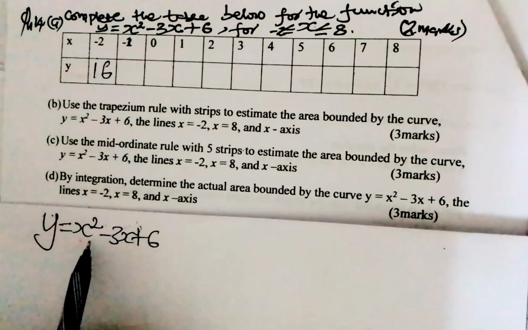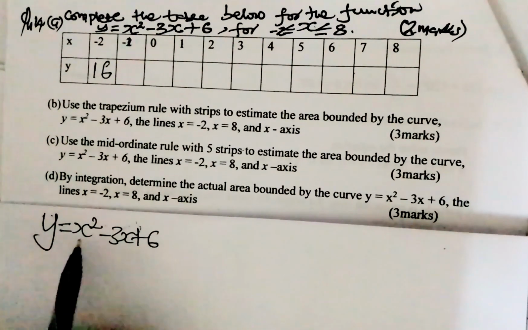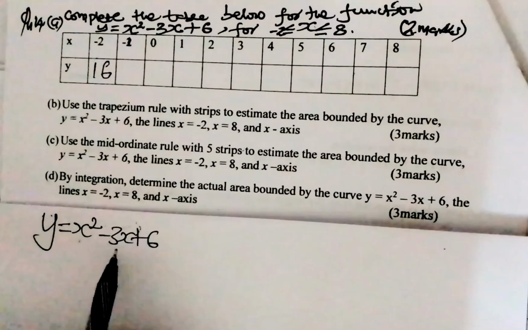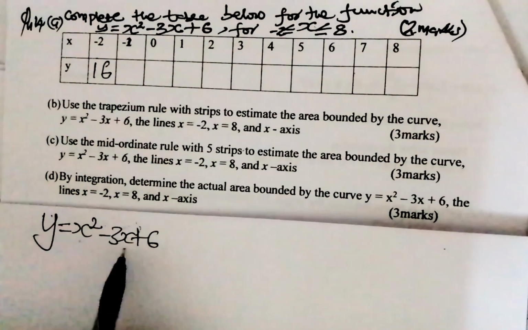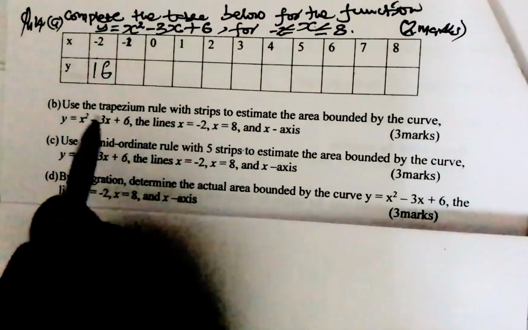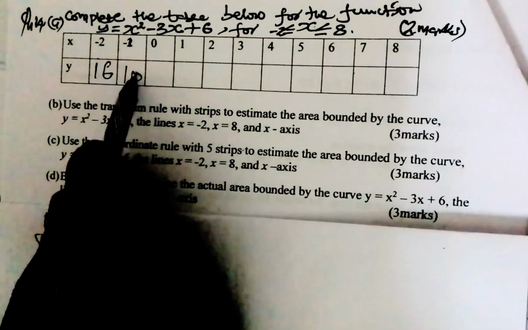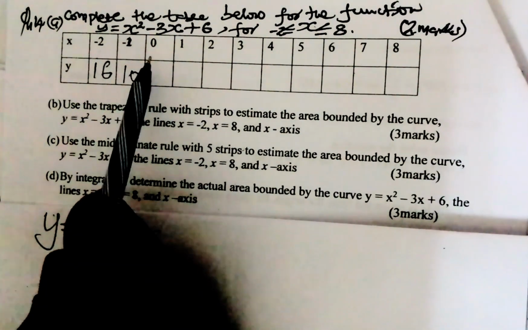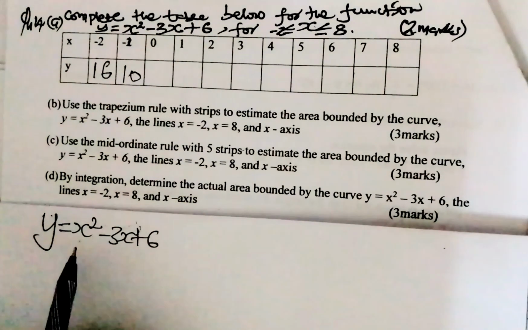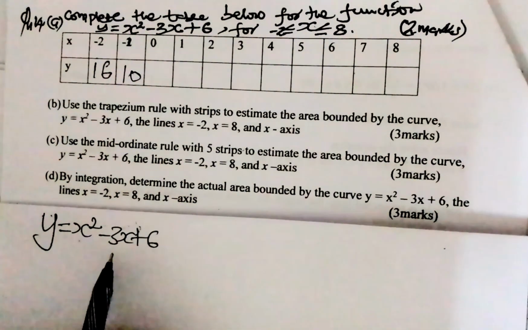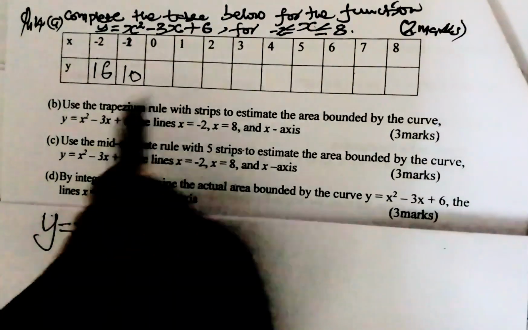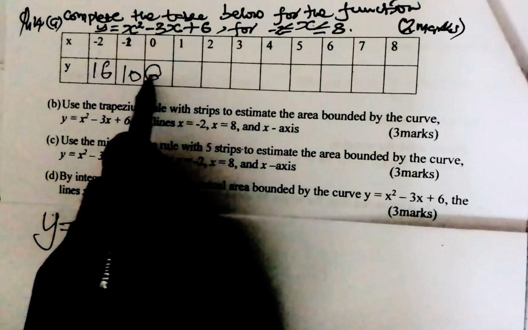When x is -1, you have -1 squared is +1 plus 3, that is 4, plus 6, this is 10. When x is 0, we have 0 minus 0 plus 6. This gives you 6.